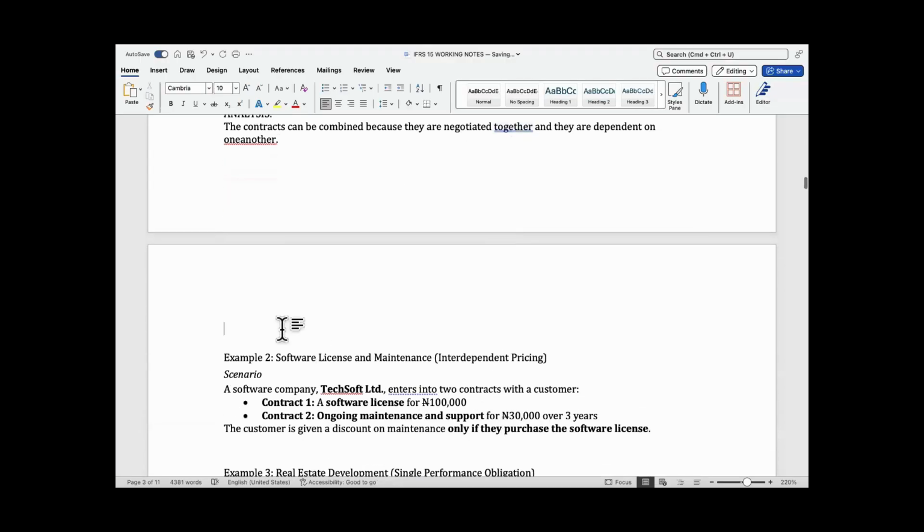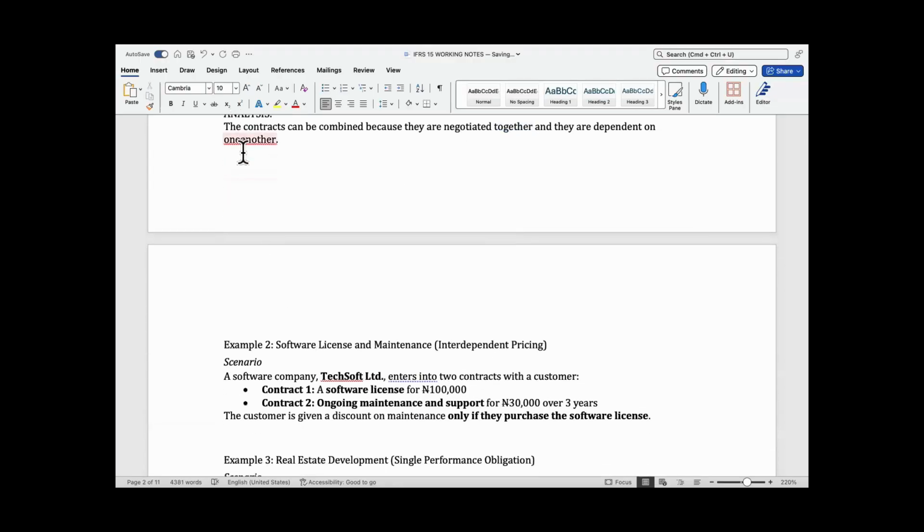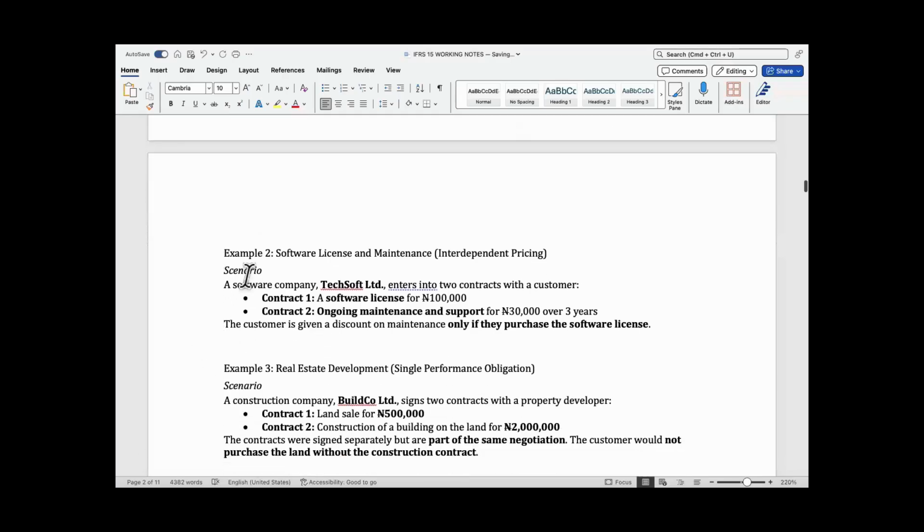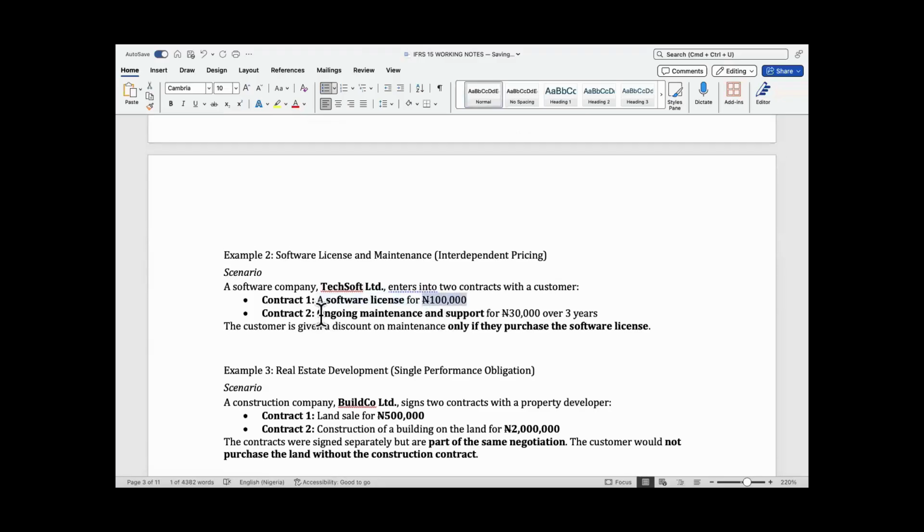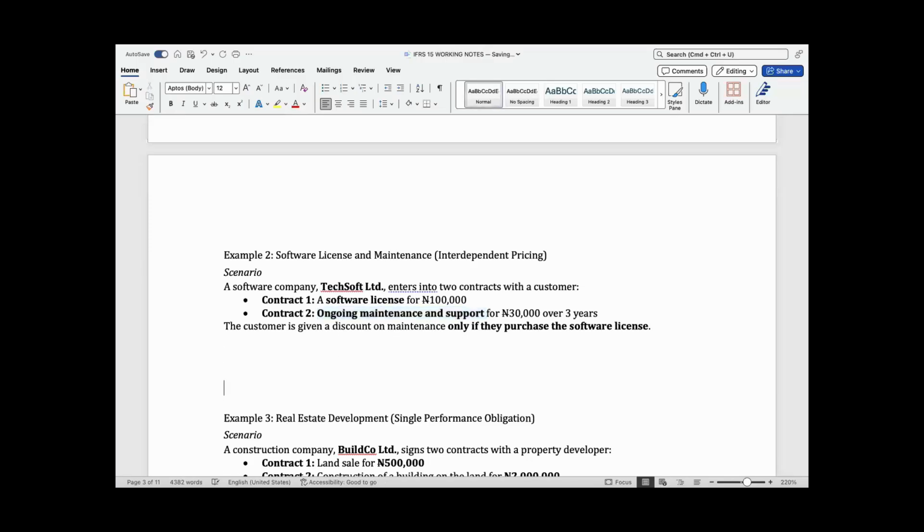Also, he said a company called TechSoft Limited enters into two contracts with a customer. The first contract is a software license for 100,000. The second contract is ongoing maintenance and support for 30,000 over 3 years. We're told that the customer is given a discount on the maintenance only if they purchase the software license. Again, we were to analyze this.